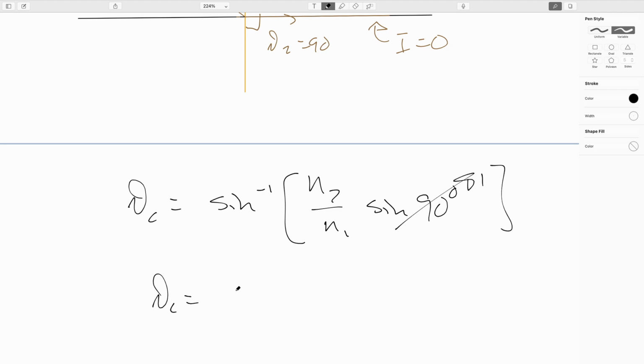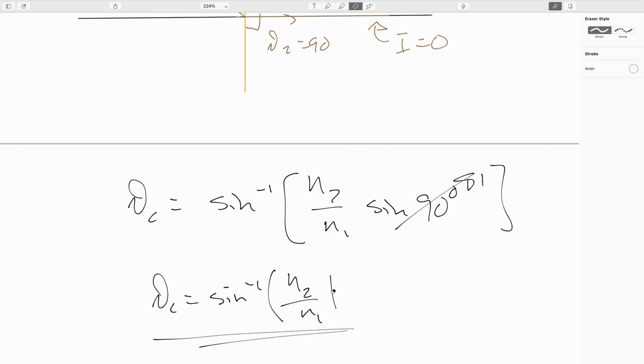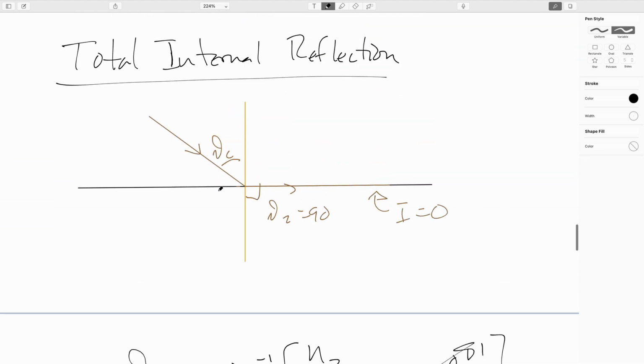So we get that the critical angle is the arc sine of n2 over n1. So if you come in at that angle or steeper, all the light will get reflected and stay inside this denser medium here. And none of it will go into the lower index medium.